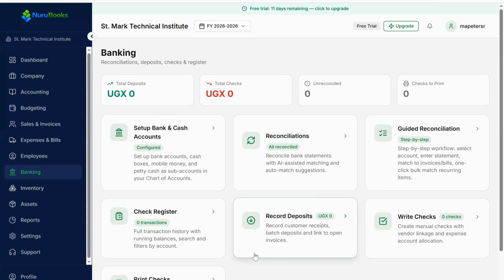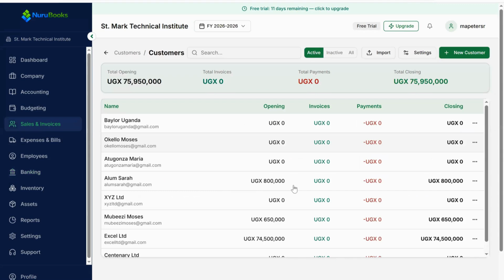As you enter these opening balances, for some the normal balance is a debit, for others the normal balance is a credit. So when you enter, for example, the opening balance of a customer, like what we did here, Sarah's opening balance of 800,000, you have no worries of where the credit or debit is.